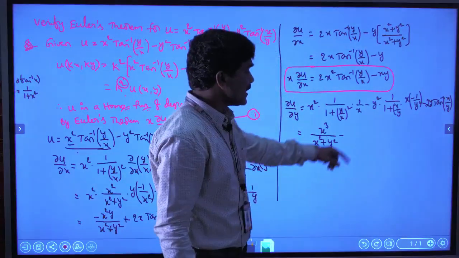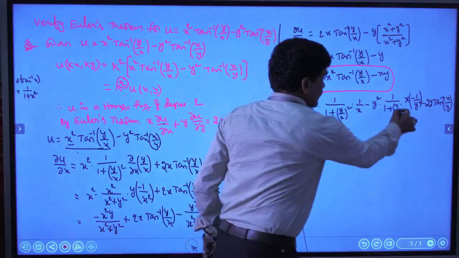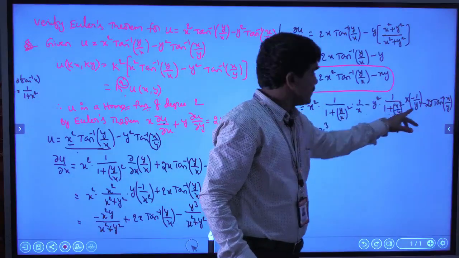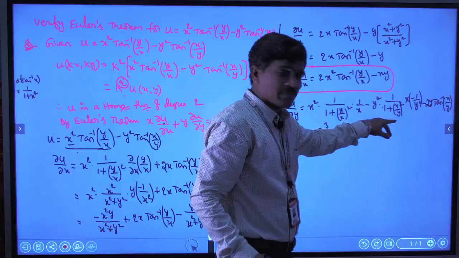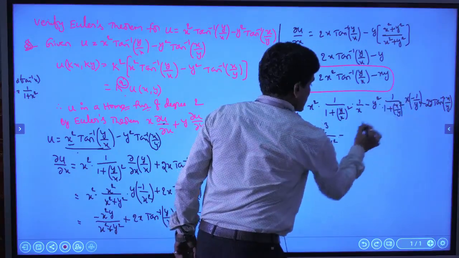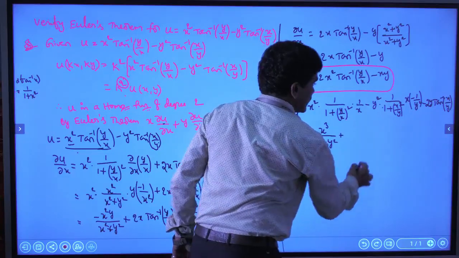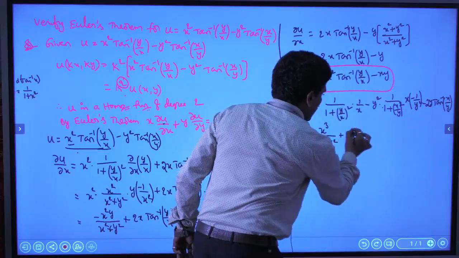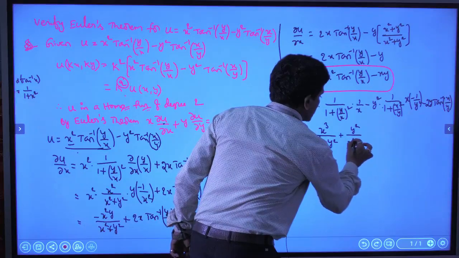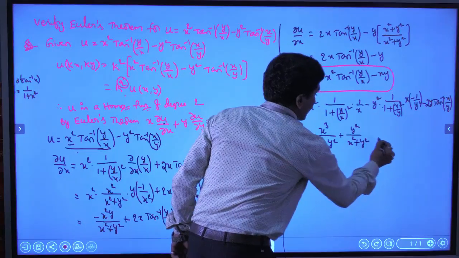Minus, here also 1 y square, so y square cancelled, so simplifying this, x square plus y square by y square, take into numerator, so here minus minus of minus plus, okay, then y square by x square plus y square.